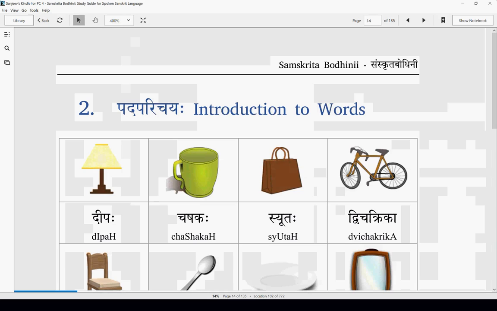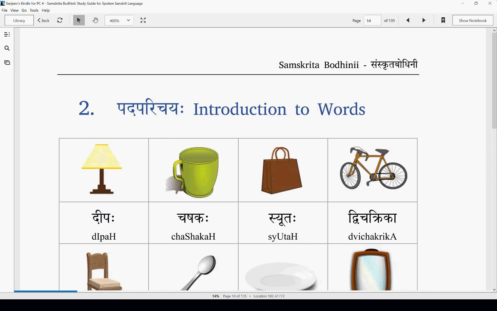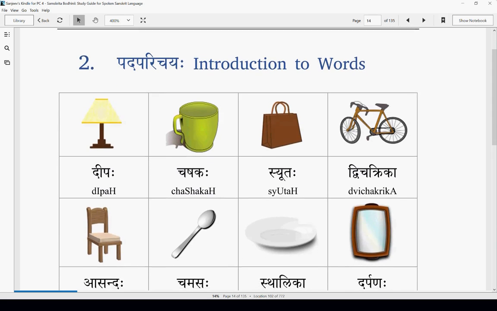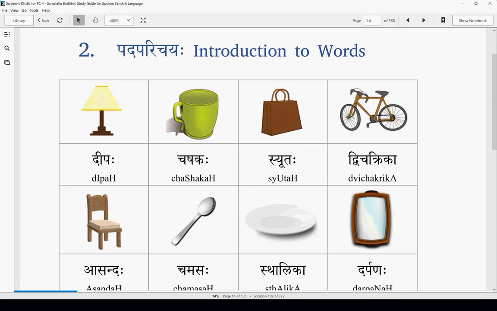Bhavan ka, bhavati ka. Okay, that's one. The next one. Mahodaya, I have a question. When we are asking an elderly person, in Devanagari, Hindi we say tum for younger people, and for elders we say aap.